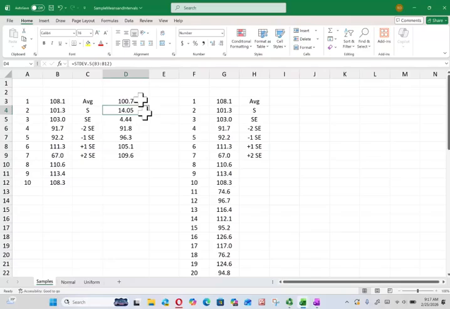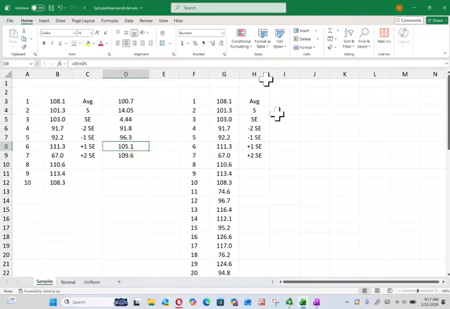So my bet is 95% that that interval contains the true mean. In this case, I know it does because I made it up. The bet that the average is between 96.3 and 105.1 is 68%.